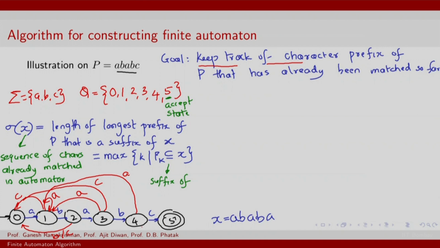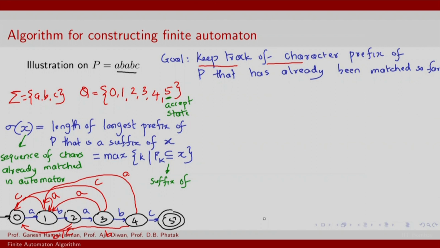A B will take me back to state number 0, and a C will take me to the accept state. So this is the story of this longest prefix P that is a suffix of X.